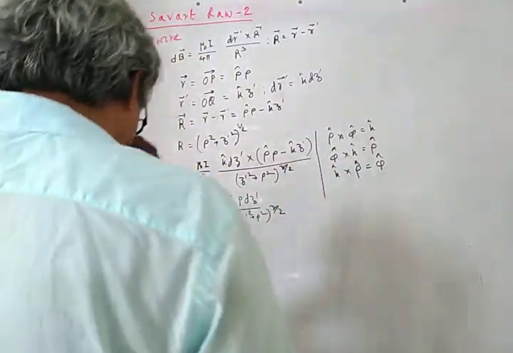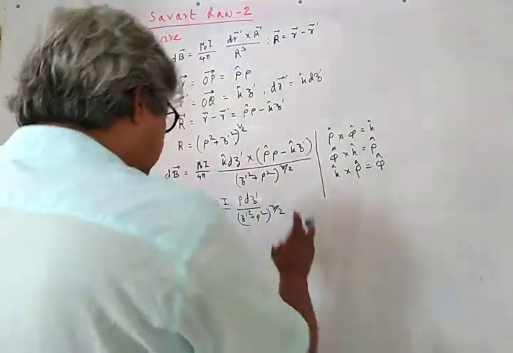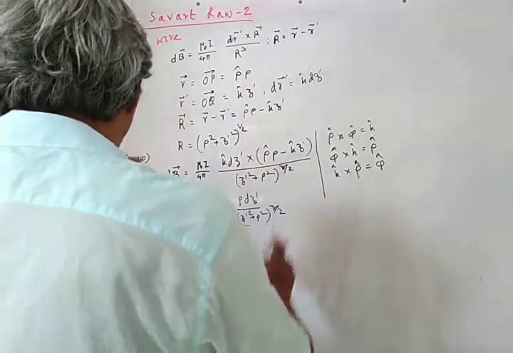So this is the field. The total field is obtained by integrating this over the conductor.